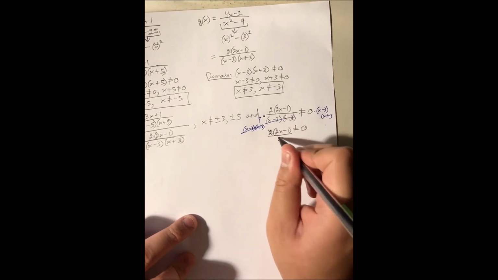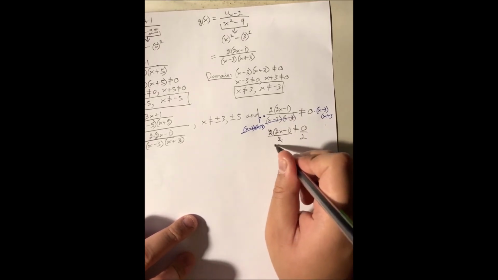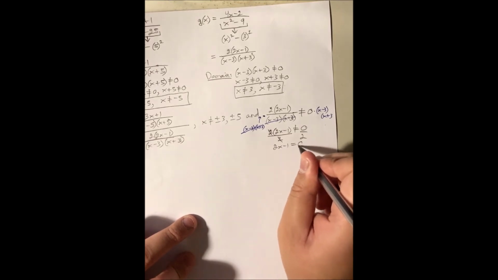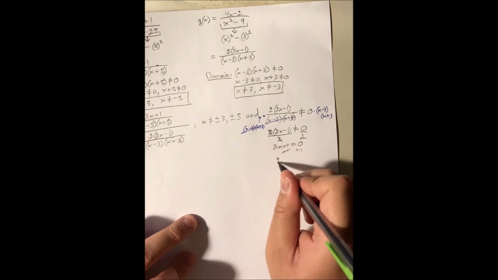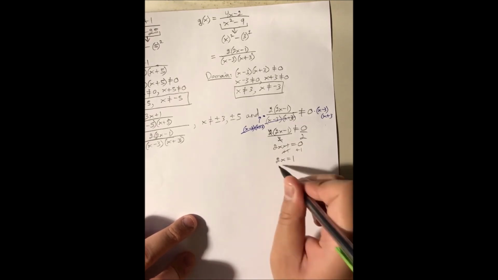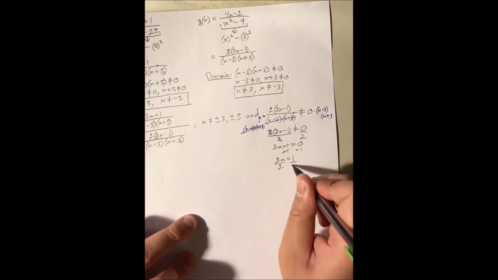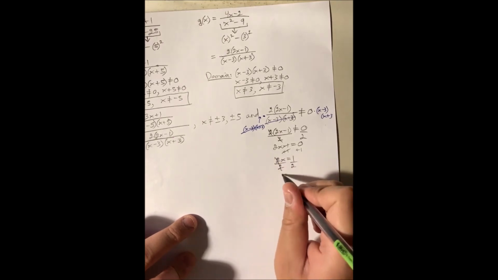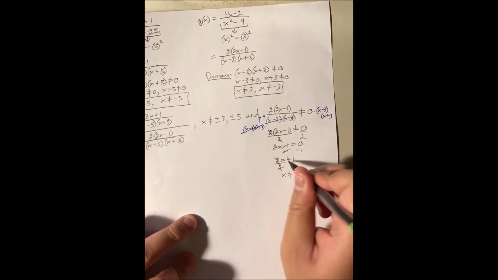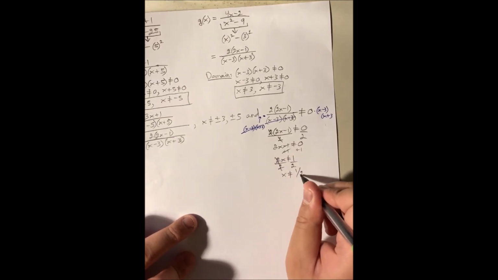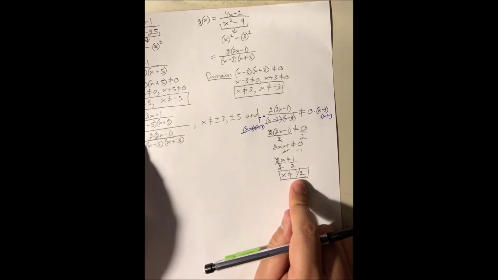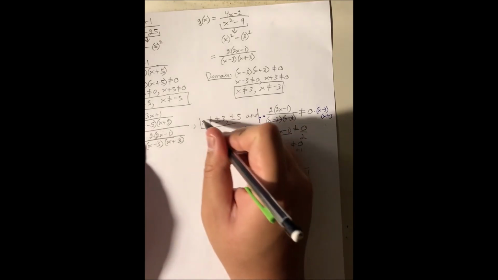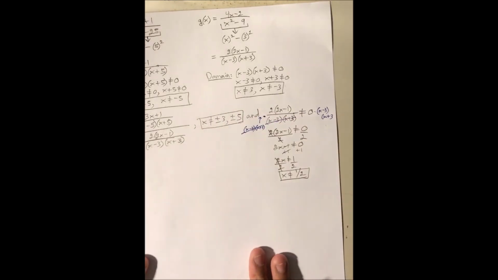Divide both sides by 2. I got 2x minus 1 not equal to 0. Add 1 to both sides. I got 2x not equal to 1. Divide both sides by 2 to get x by itself. x cannot be equal to 1/2. So this is another restriction from this step, in addition to these ones right here.